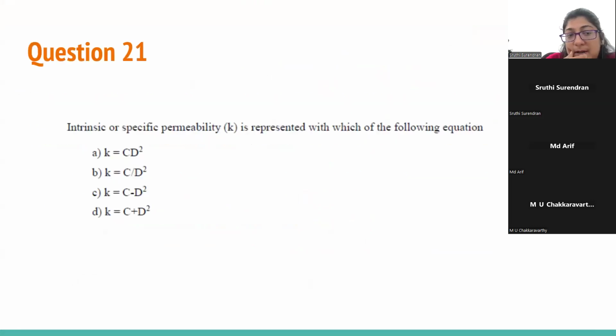So intrinsic permeability, option A, is the correct answer, C into D square. C is a constant that describes the geometrical properties of the material. D is the effective size of the material.